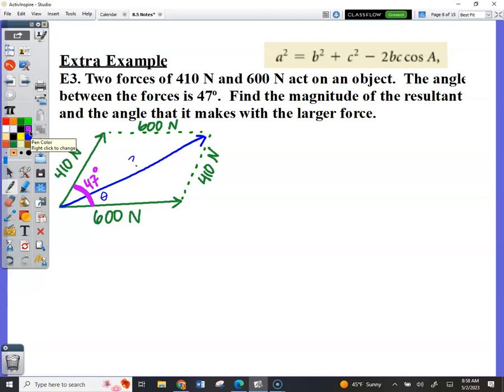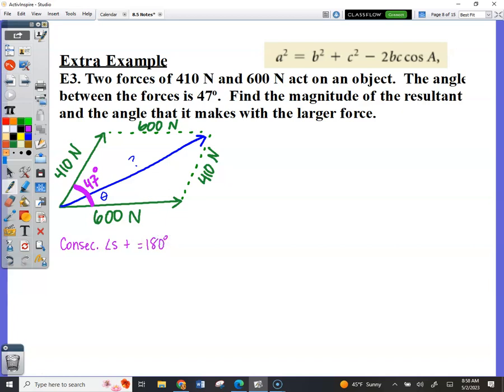So if this corner is 47, imagine that as like a puzzle piece sliding to the right, lining up with that. So these have to be supplementary. So let's make a note. Remind yourself that consecutive angles add to equal 180. This is going to come into play right here.